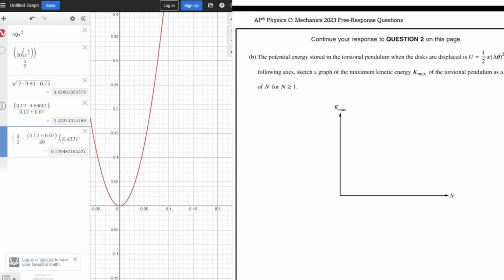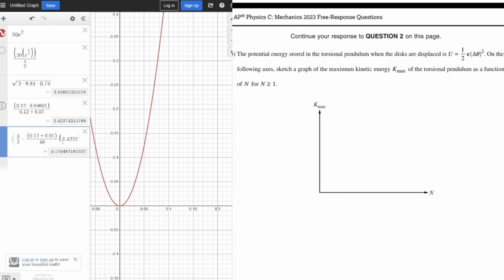The potential energy stored in the torsional pendulum when the disks are displaced is U equals 1/2 kappa delta theta squared. On the following axis, sketch the maximum kinetic energy of the torsional pendulum as a function of n, where n is greater than 1. Basically, we need to realize that in simple harmonic motion, energy is conserved.